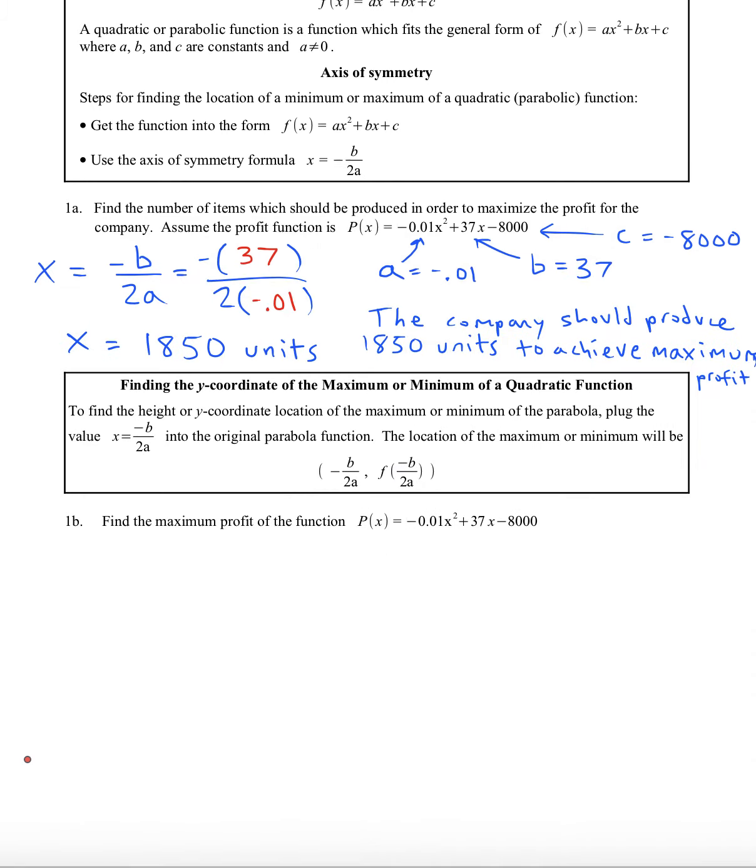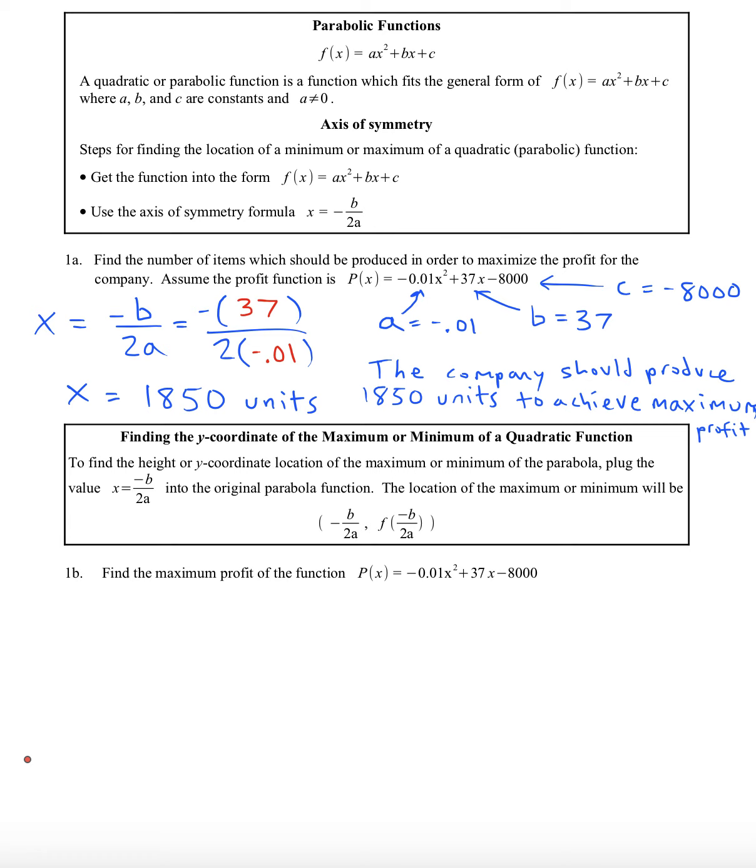Can we find the y-coordinate, or the vertical coordinate of the maximum here? We already know the x location of it, but what we don't know is the vertical coordinate, the profit. How much will it be?